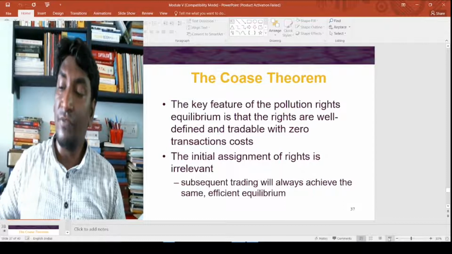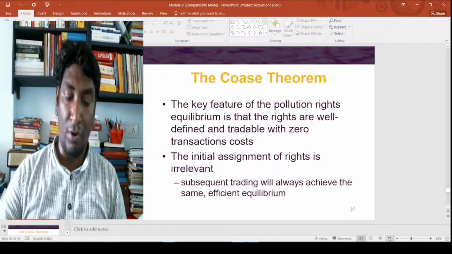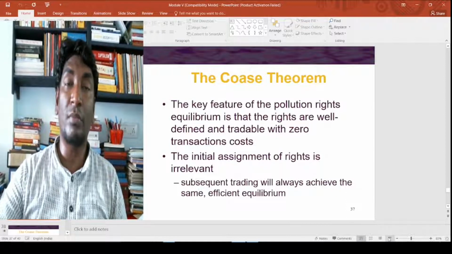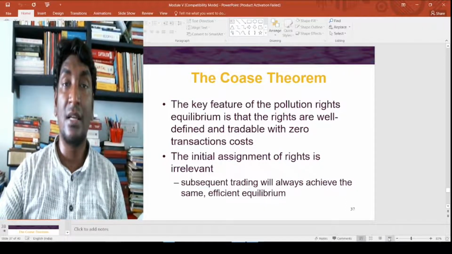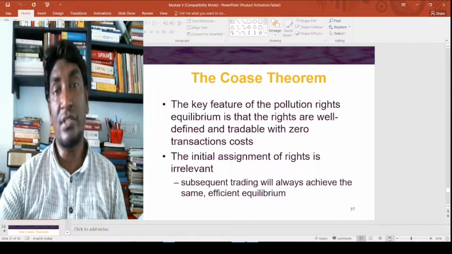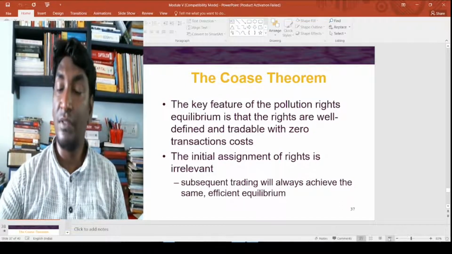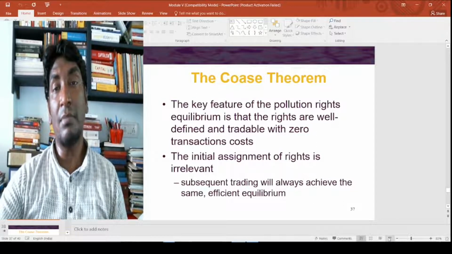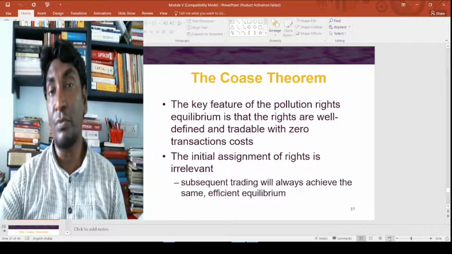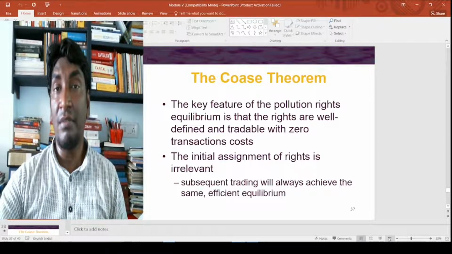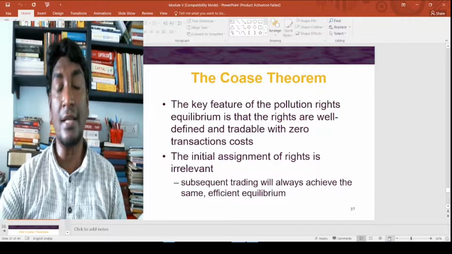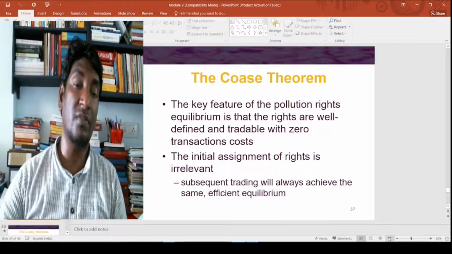That means bargaining can overcome the problem. What you have to keep in mind is that bargaining can overcome the problem of externality because the transaction cost is zero. In the real world, bargaining cannot overcome the problem, because most of the time the transaction cost is positive.